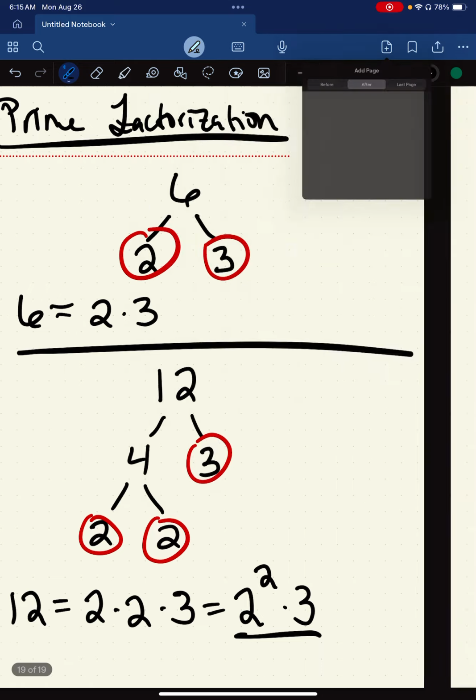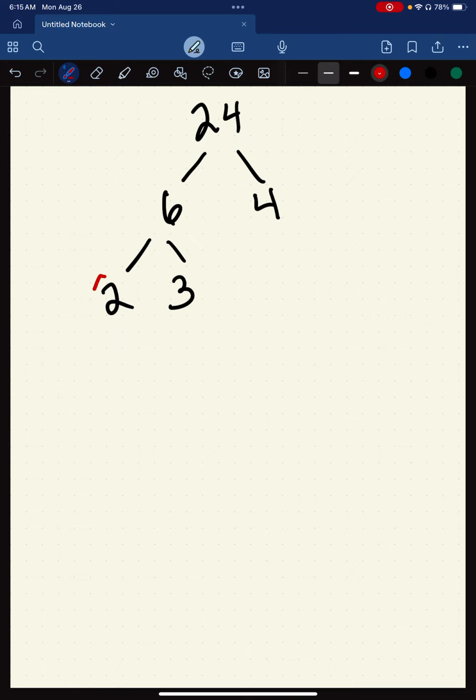Let's do a few more. We'll do, let's say 24. 24 is 6 times 4. 6 is 2 times 3. 4 is 2 times 2.